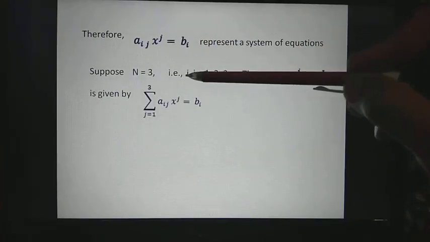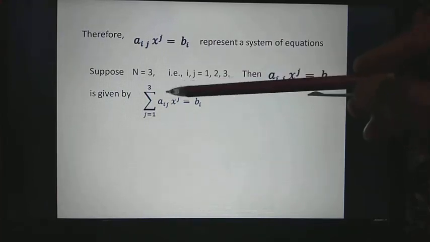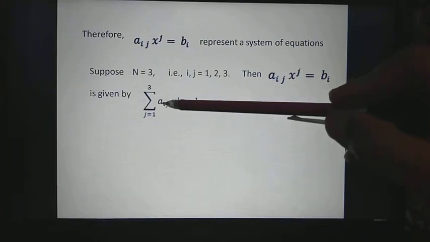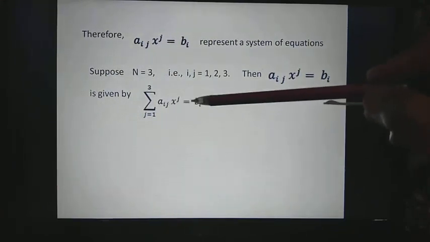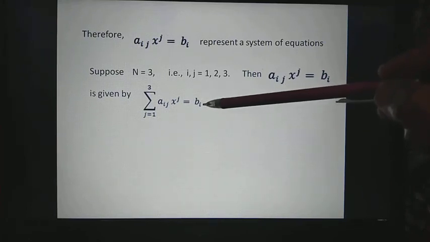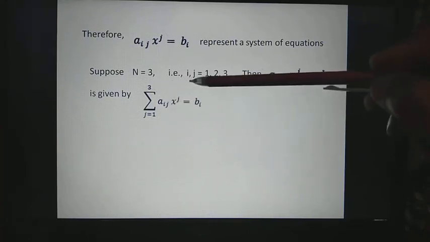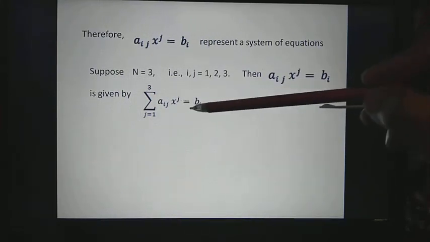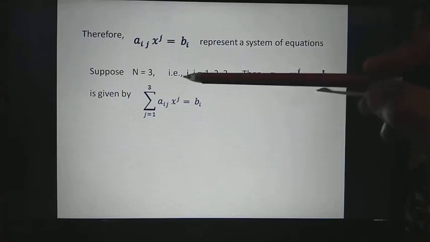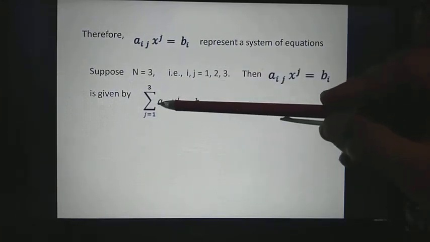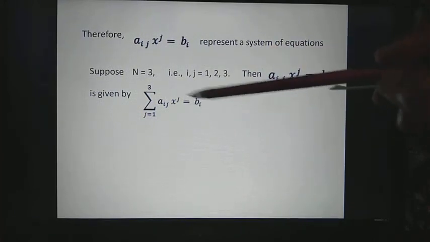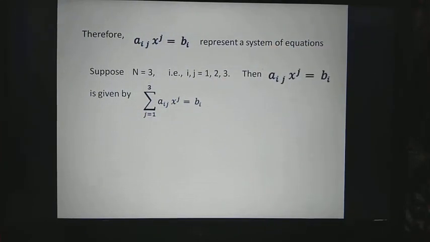Also this i assumes the values 1, 2, 3, and therefore taking i equal to 1, this sum becomes summation A1j xj is equal to B1. Then for i equal to 2, this becomes A2j xj equal to B2, and for i equal to 3, A3j xj is equal to B3. So in this way we have 3 equations.